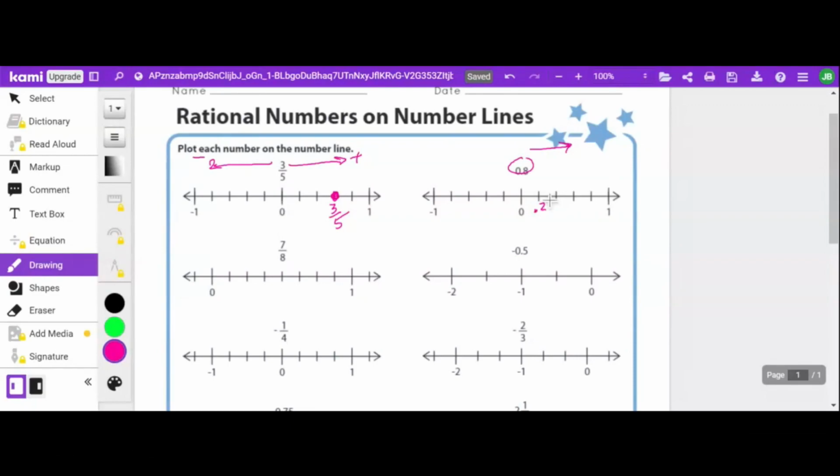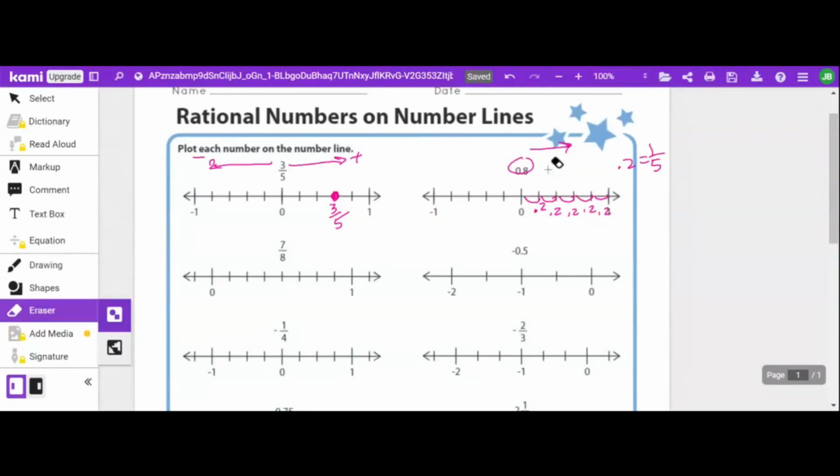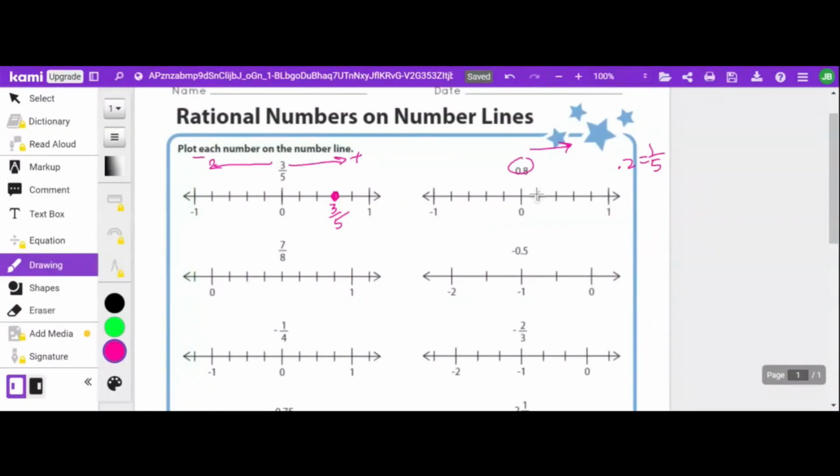So there's a 0.2 section, another 0.2 section, and so on. 0.2 is 1/5. So 0.8 is going to be 0.2, 0.4, 0.6, so 0.8 is right there on the number line.